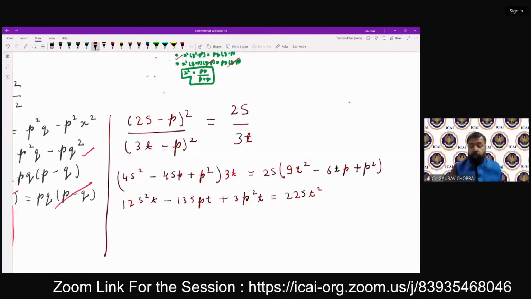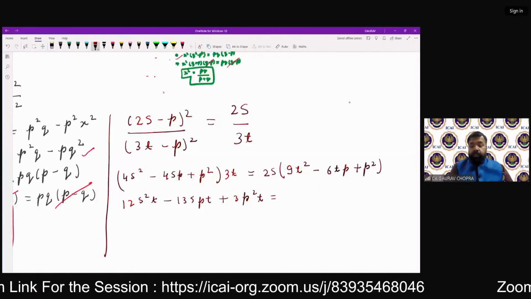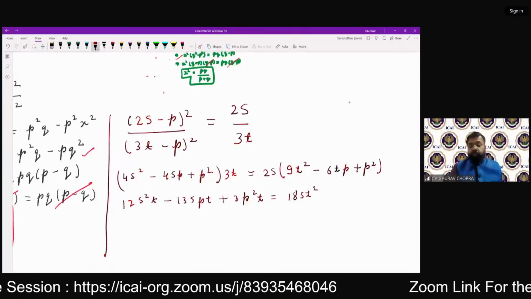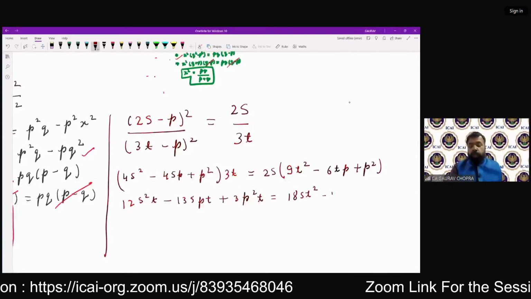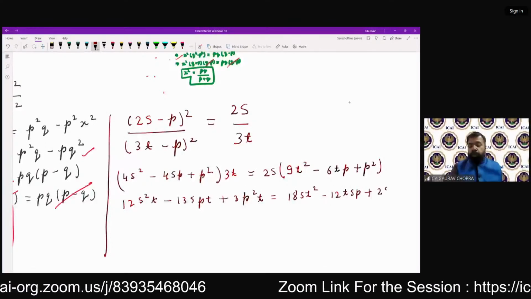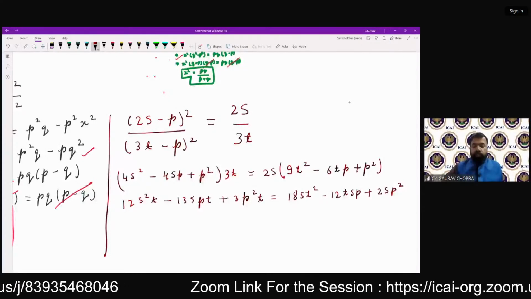Sorry, it is 2s. So 18st square, then minus 12tsp and plus 2sp square. So all these we have done.